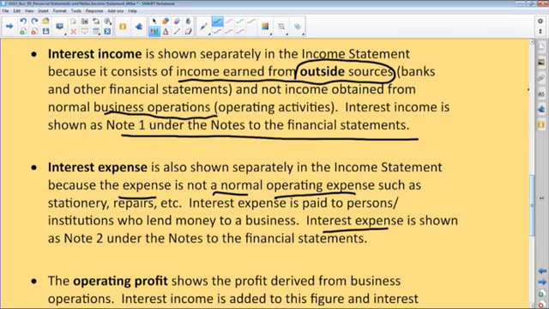And interest expense will also be shown as a separate note to the financial statements. So you've got note number 1, interest income, and note number 2, your interest expense.